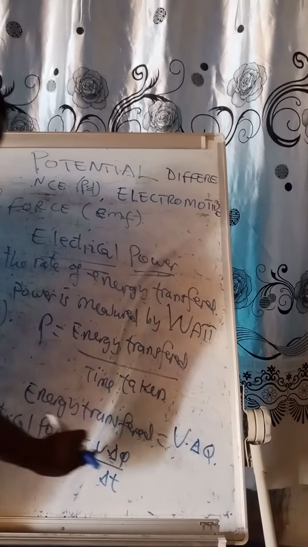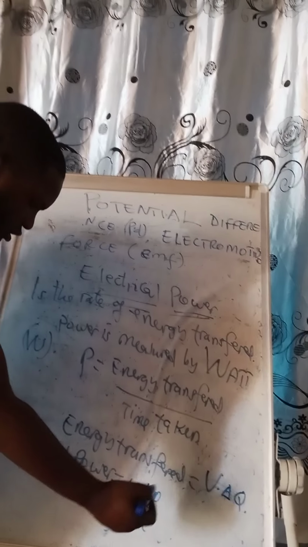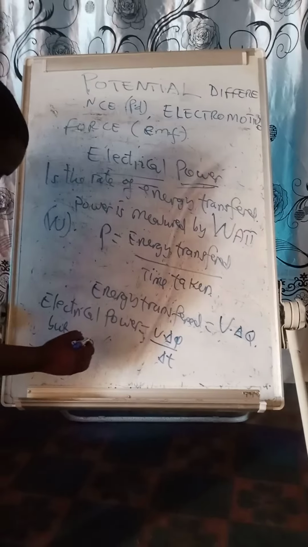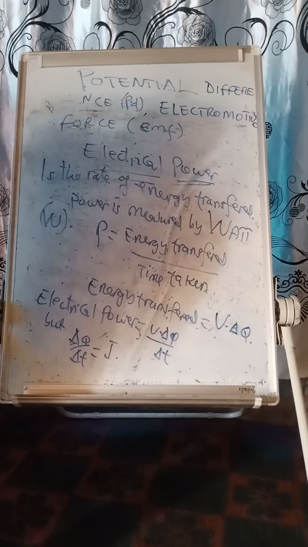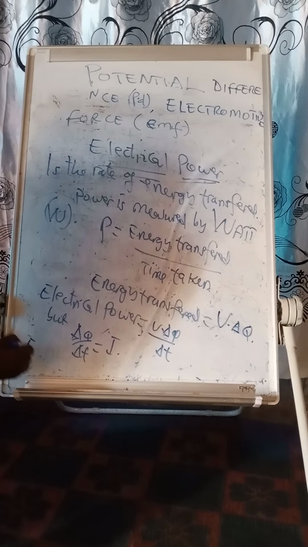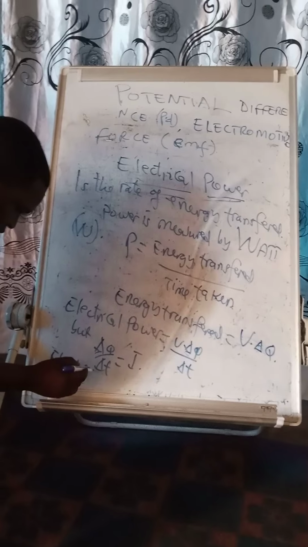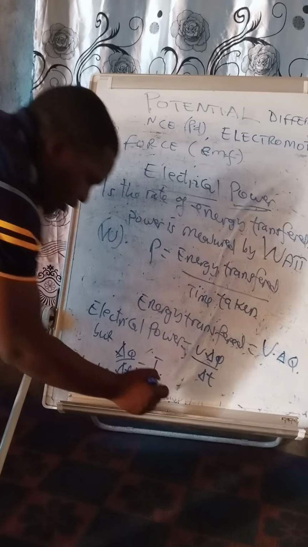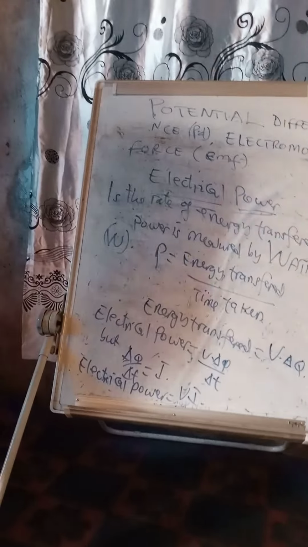But remember that change in charge over change in time is current. So the electrical power will be given by VI, potential difference times current.